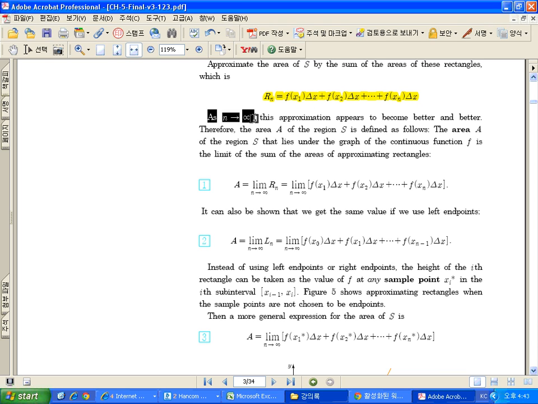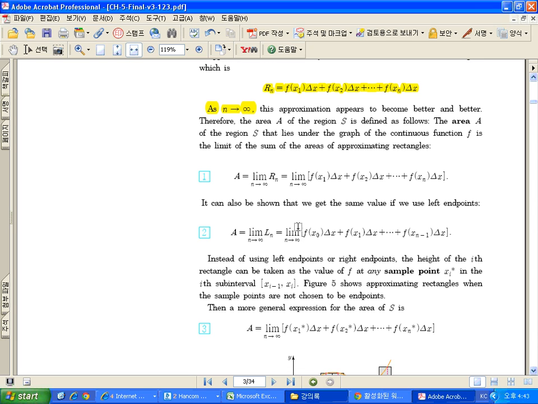As n goes to infinity, if we have more and more rectangles, then the area R_n will approach the area that we are looking for. So if we make more divisions and then take the limit, then that will be this one.